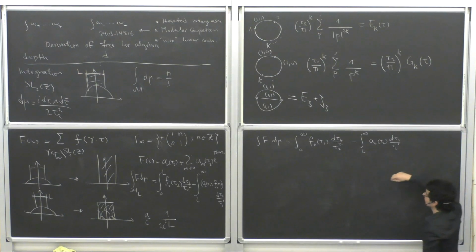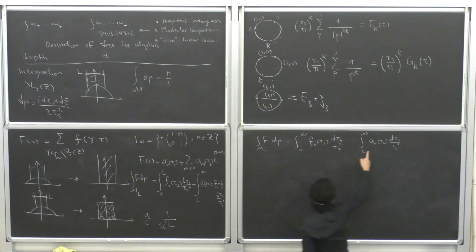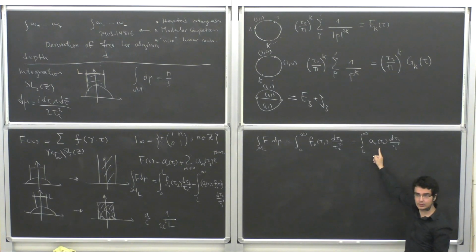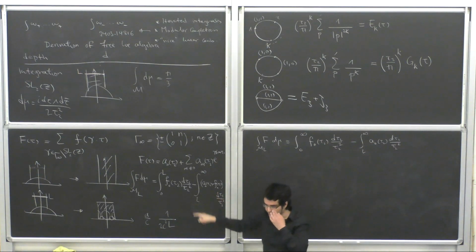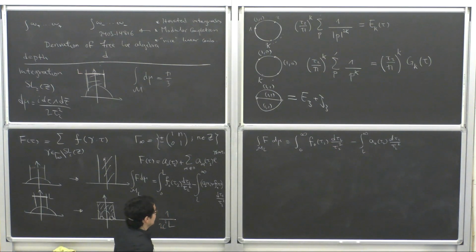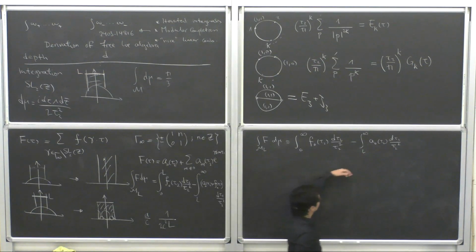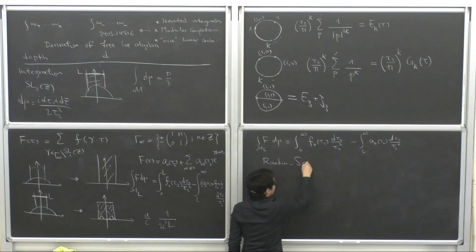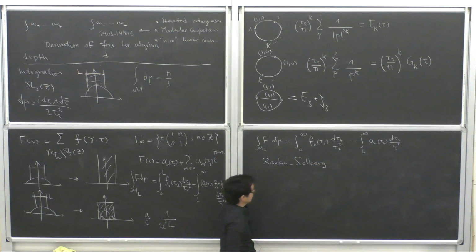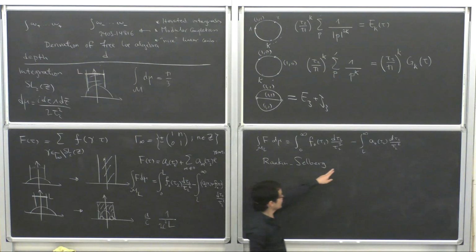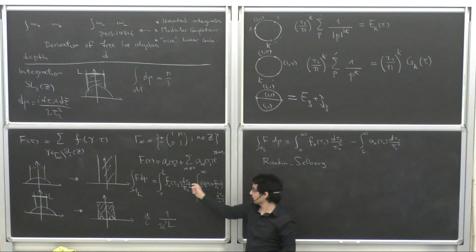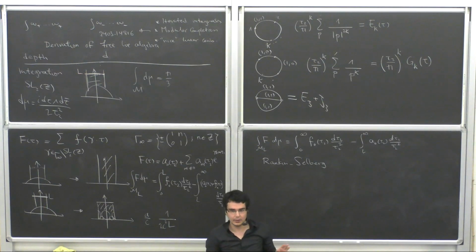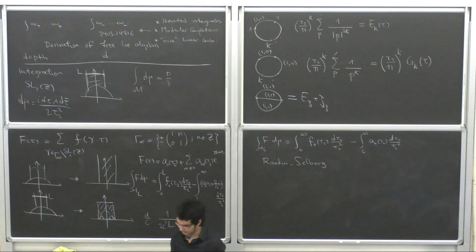This only works if a0 is rapid decay. Otherwise, we cannot write it like this. You have to write it like this. This is the only way that it makes sense. If it's a rapid decay, and you put L to infinity, then this is the Rankin-Selberg method. Whenever this is not a rapid decay, Zagier proposed some kind of regularization, which is called the Rankin-Selberg-Zagier method.